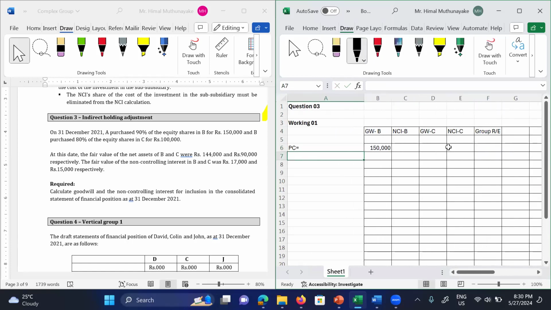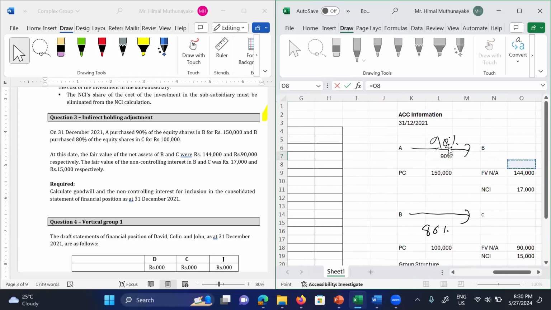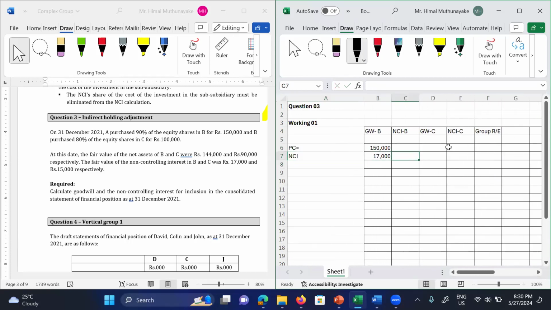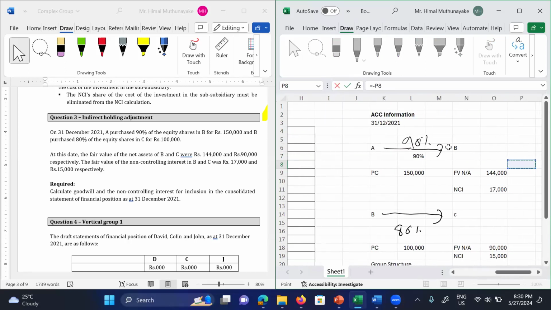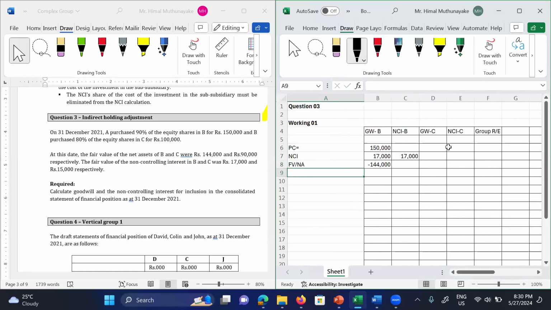Then the NCI value I have also taken, 17,000. And fair value of net asset should be minus, that also there, 144,000 is there.